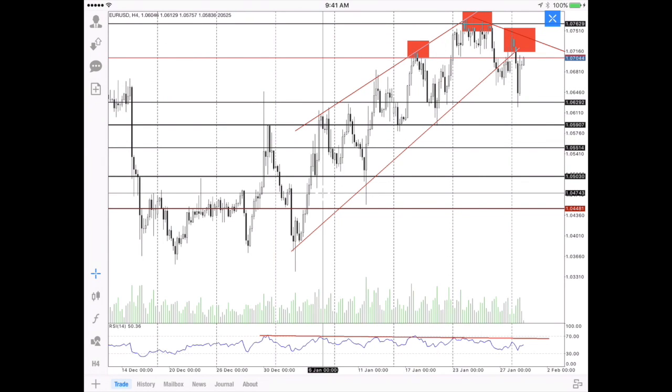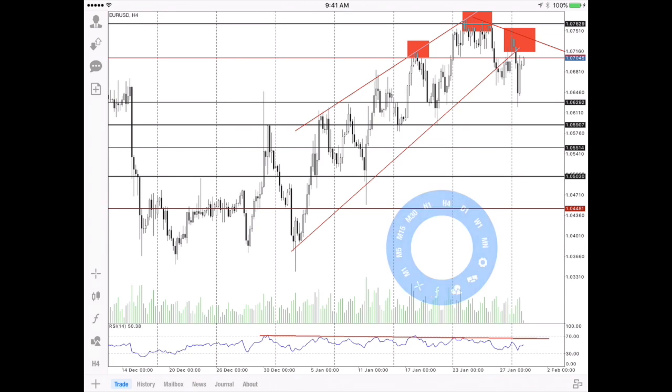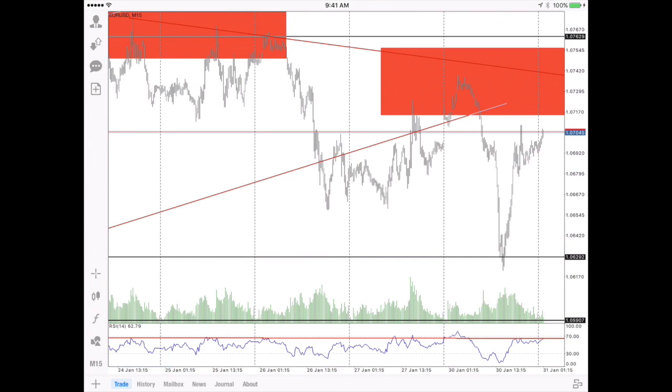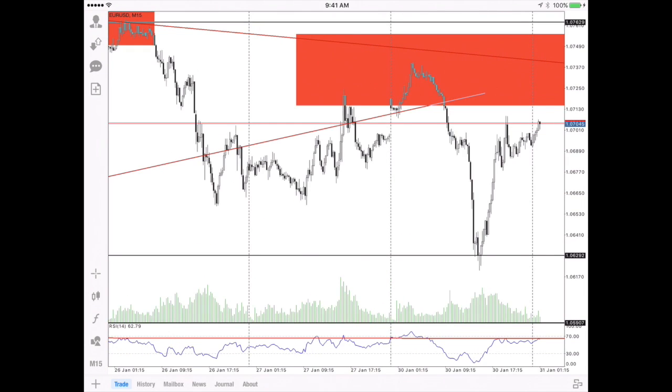And then my volume, I'm looking for the volume to get weaker also, and it is, so that's looking great. And then I trade off my 15 for my entries.